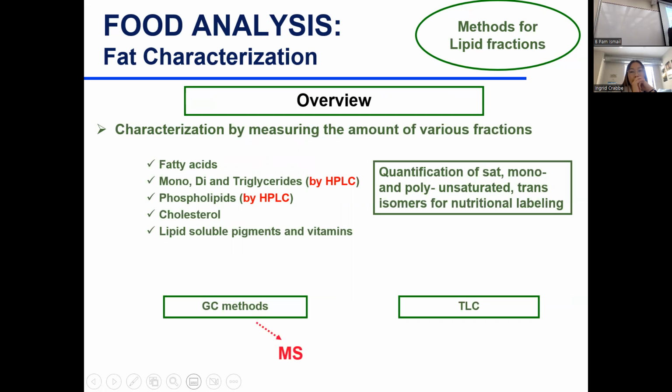Cholesterol, and then lipid-soluble pigments and vitamins, also done by HPLC mostly. So fatty acid and cholesterol are done using GC-FID or GC-MS. Fatty acids, same principle that you have done in the lab with the FAME.